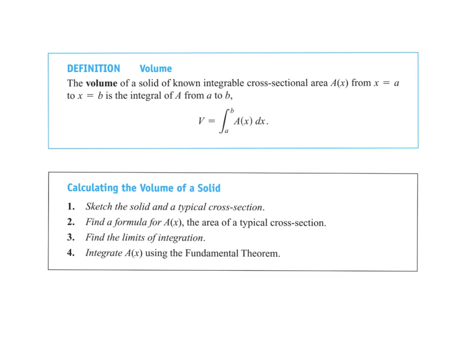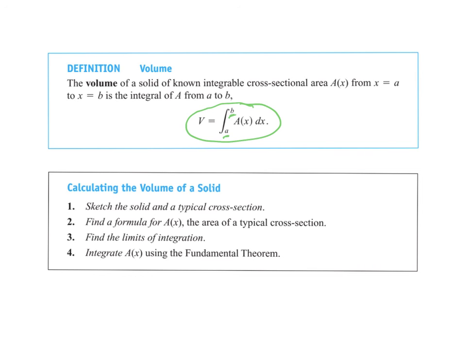So just to summarize the process here, once you have A of x, you're going to dump that thing into a definite integral, and you're going to integrate it. The a and the b are the boundaries on the x-axis of your solid. So in our examples, they were all -1 to 1 because the blue circle went from -1 on the left side to 1 on the right side.